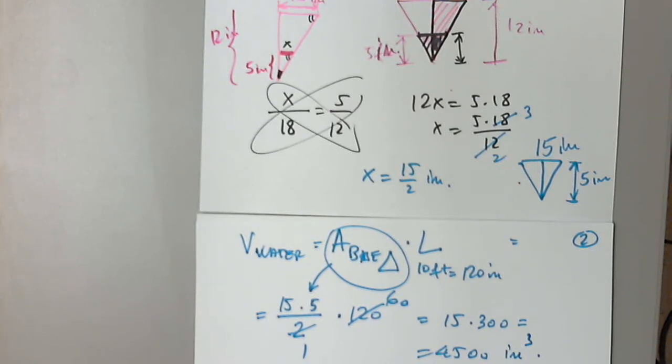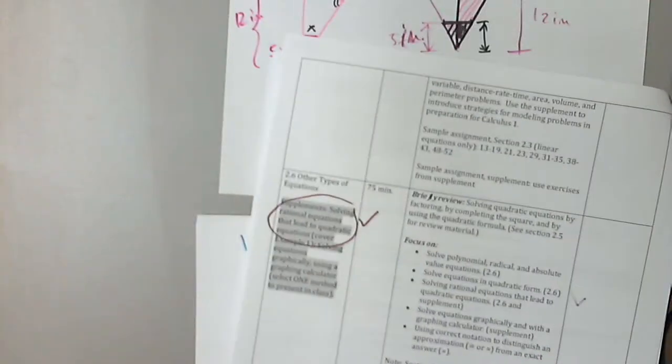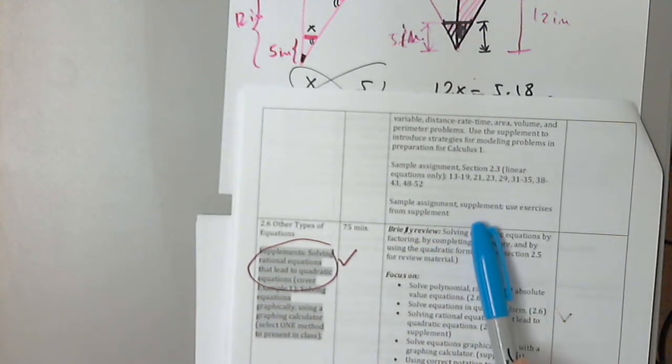Okay, before we continue, let me show you, because I also show myself, as I mentioned, I never taught it from this book. So we have completed models with applications and supplement modeling with equations. We have completed this. We looked at several problems from 2.3 before we completed the supplement.